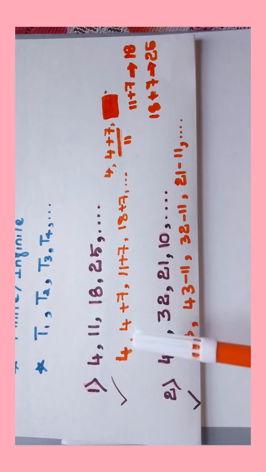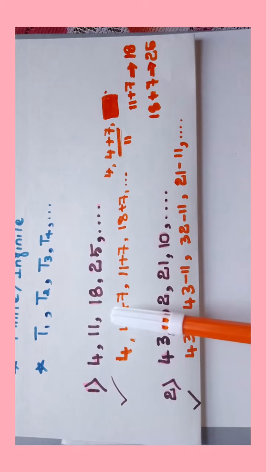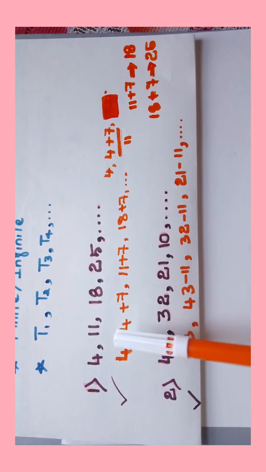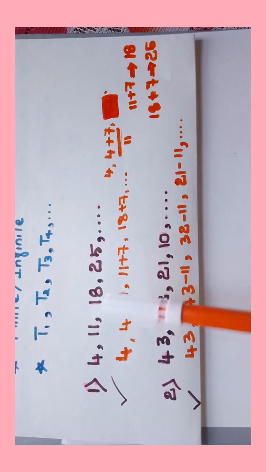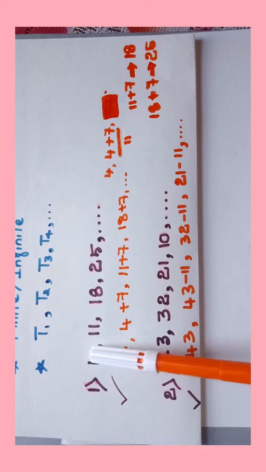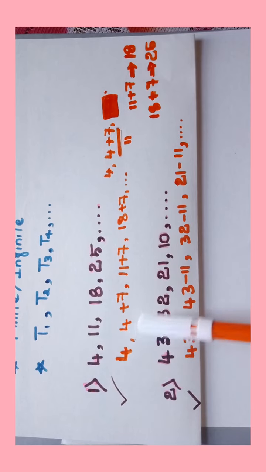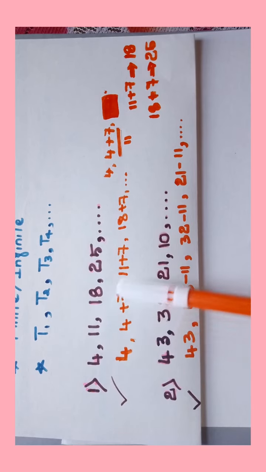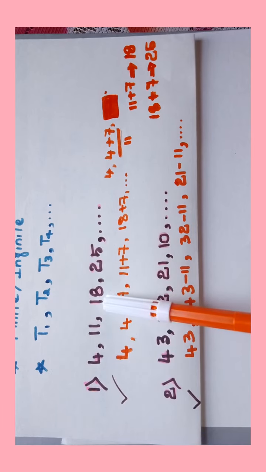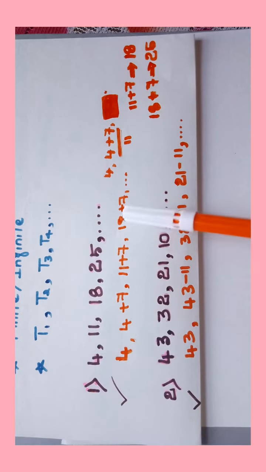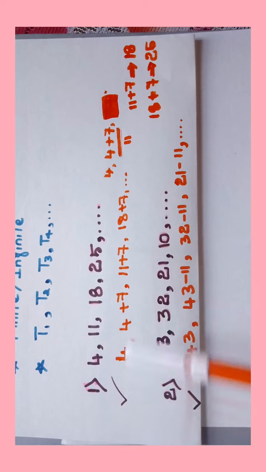So when you go on adding 7, one particular number, to the preceding number, you will get the next number. The first term is 4 itself. 4 plus 7 is 11. 11 plus 7 is 18. 18 plus 7 is 25. So this forms a sequence.